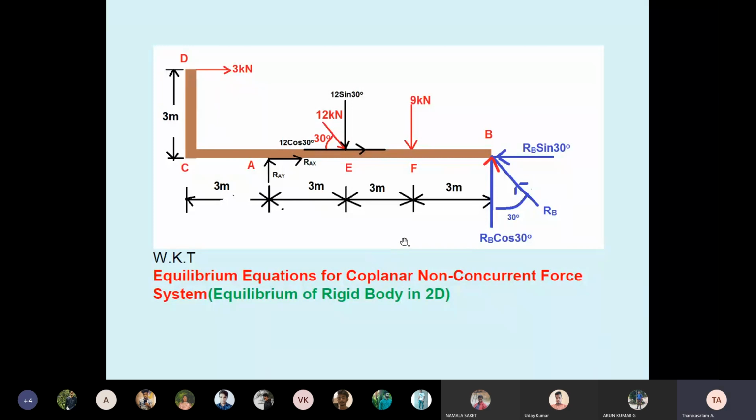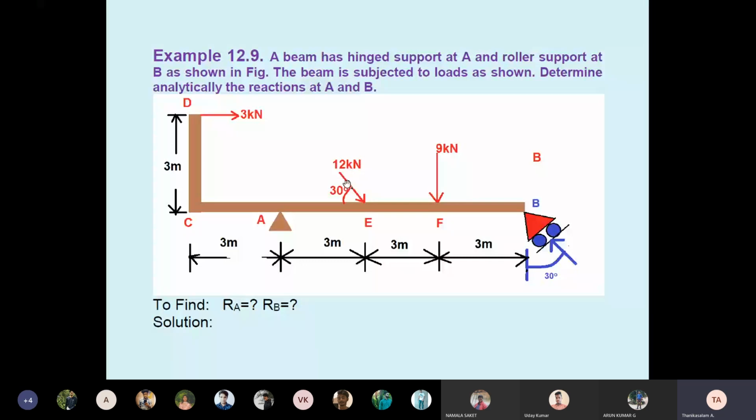Students, anything inclined, you must convert into X direction and Y direction based on the resolution of forces. We discussed it already: resolving of forces, first quadrant, second quadrant, cos, sin, everything I explained. See the arrow mark. The 12 kN goes to which direction? Fourth quadrant, theta with X axis. Therefore X positive, 12 cos 30, and 12 sin 30 vertically downward.